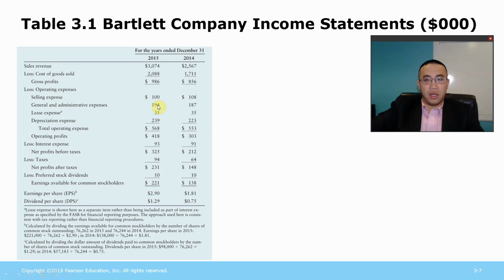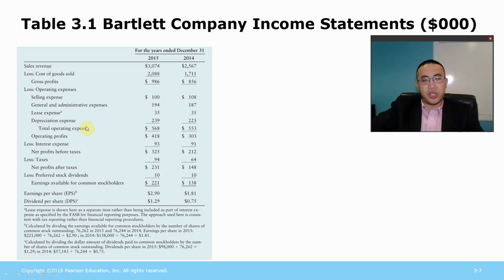In certain statements, these two could be merged together as SG&A expense, selling, general and administrative expenses. And you also need to deduct rent, utilities, and wages. So this would be lease expense. And then you have to deduct the depreciation expense.